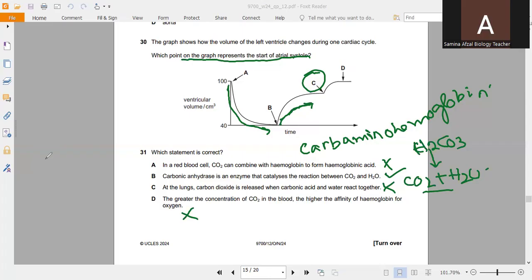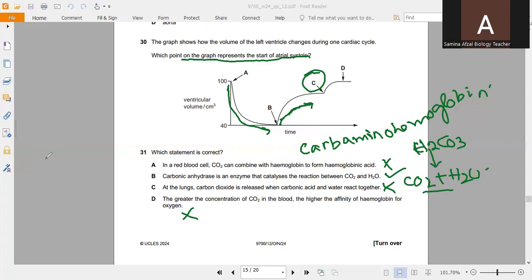So it has to be removed out of the blood immediately. So when the concentration of carbon dioxide is high in the blood, the affinity of hemoglobin with oxygen will decrease and its affinity with carbon dioxide will increase.